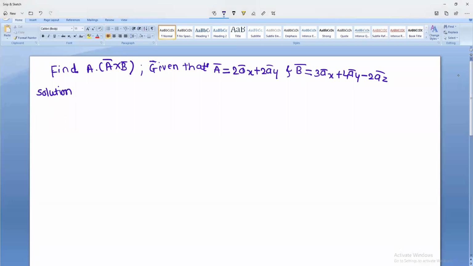Solution. So how to find? Now the same vectors are given.